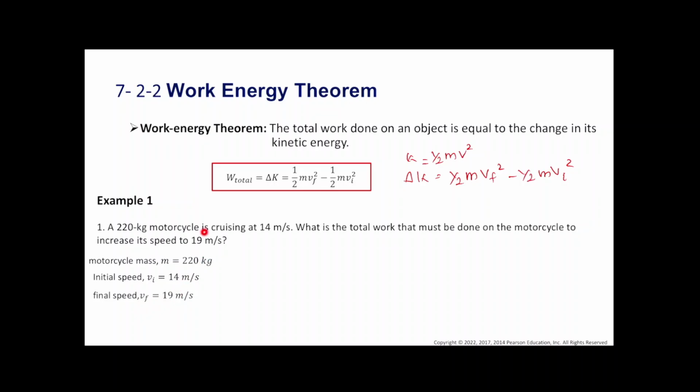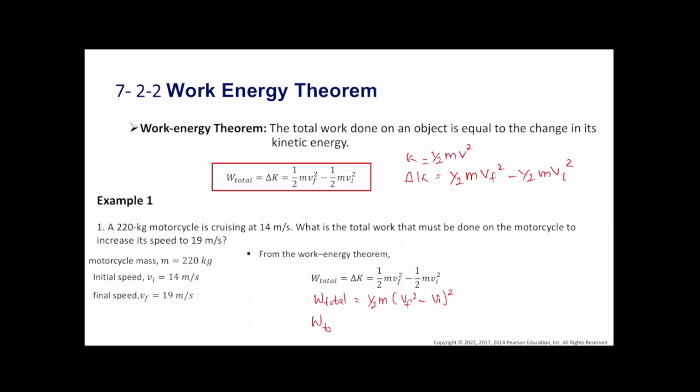Now from the work energy theorem, we know that total work done is equal to the kinetic energy change. From this equation, we know the mass, the final speed, and the initial speed. Therefore, we can find delta K, and it is going to be equal to the total work done. So we can substitute the values now. We can take the mass out because it is the same before and after: W total is half m times V final squared minus V initial squared.